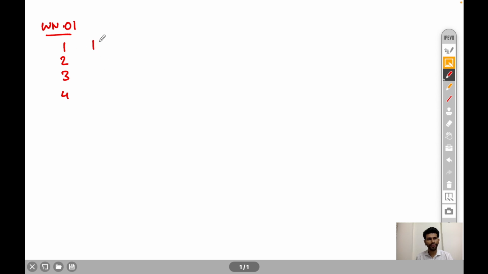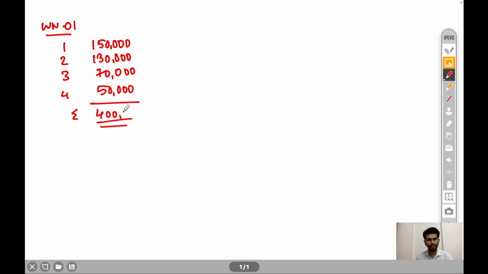First year profit is 1,50,000 rupees. Second year profit is 1,30,000 rupees. Third year profit 70,000 rupees. Fourth year profit is 50,000 rupees. We will sum up the amount. 4 lakh rupees is total.